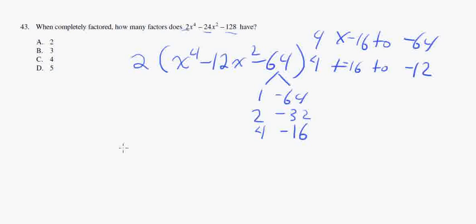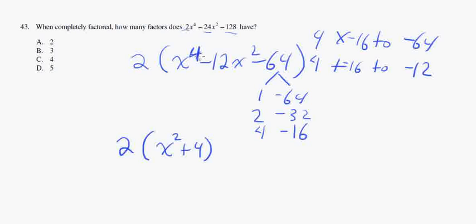So now we can write that trinomial as factors: x squared plus 4. The reason it's x squared is because in our original trinomial we have x to the 4.